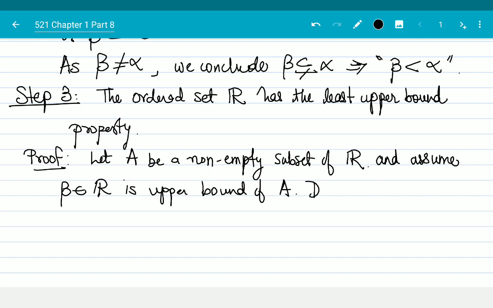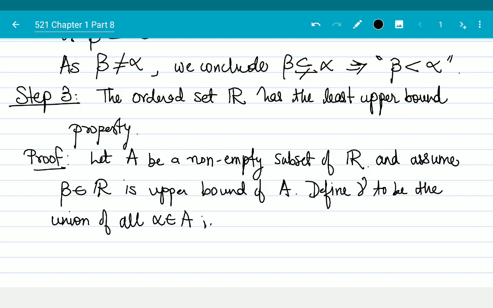Here's how we do it. Define gamma to be the union of all alpha in A. What does that mean?